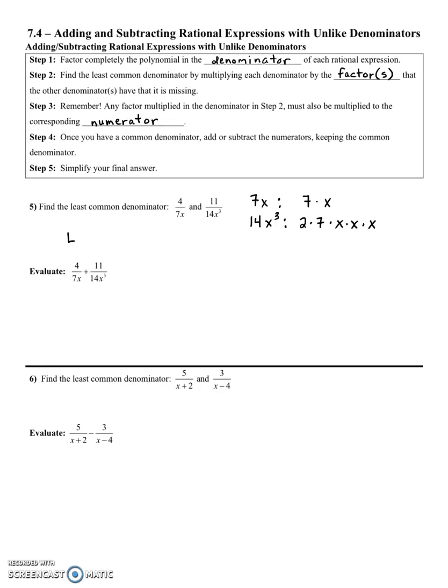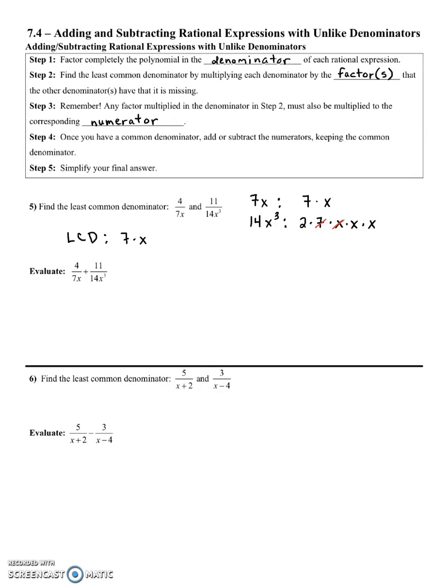Now, how do we get the least common denominator from that? Well, we start with our first denominator. So our first denominator was 7x, so we start with 7 times x. Now we go to the second denominator, and let's just cross off what was in the first denominator. So the first denominator had a 7 and an x.